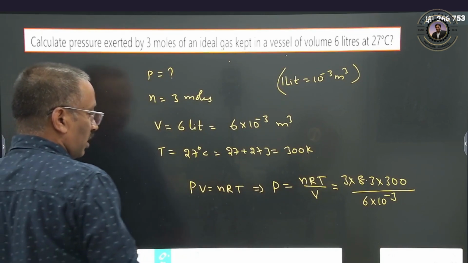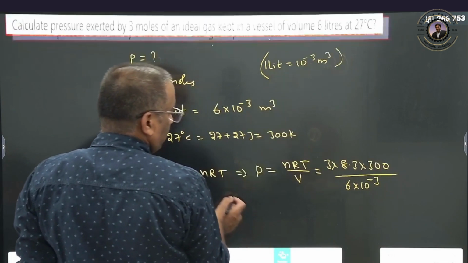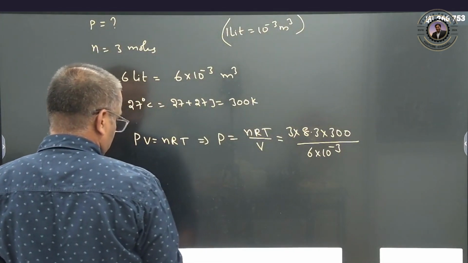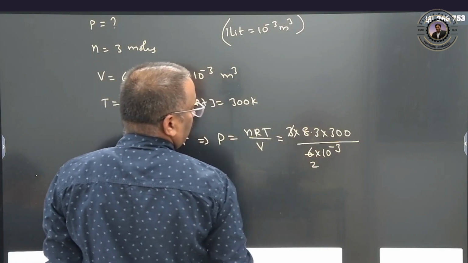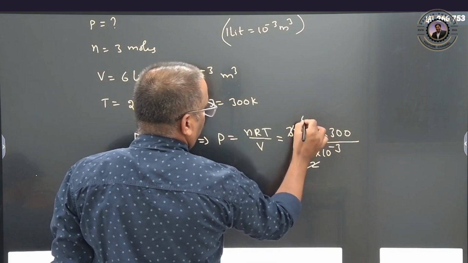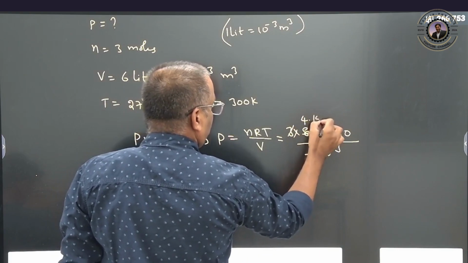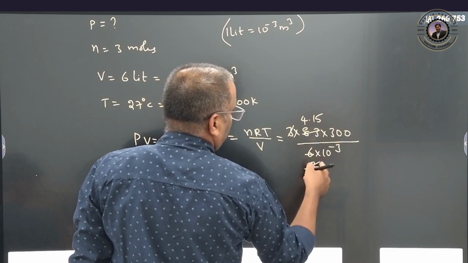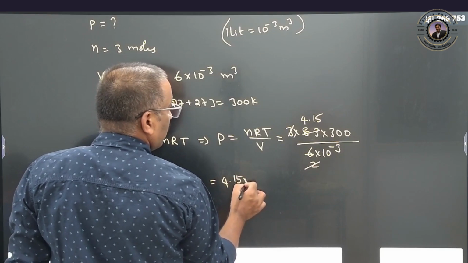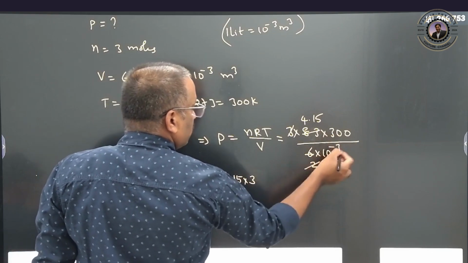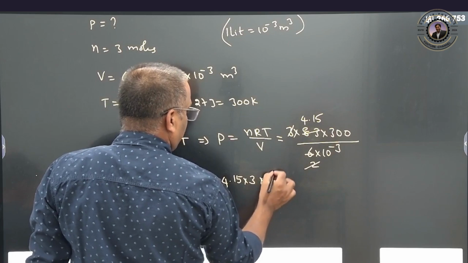So you can get it as 4.15 into 3, and the 2 zeros taken, 10 to the power of 5.